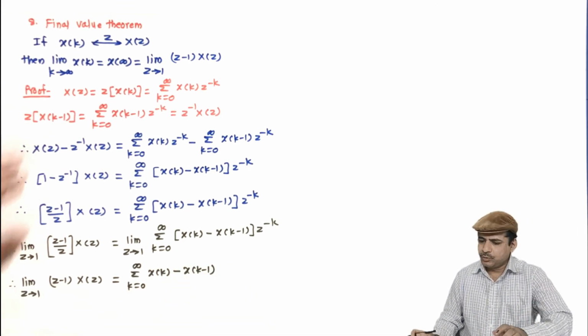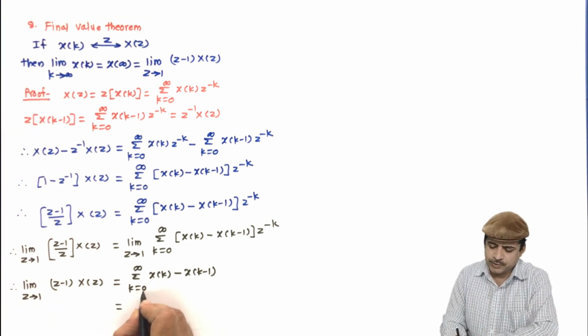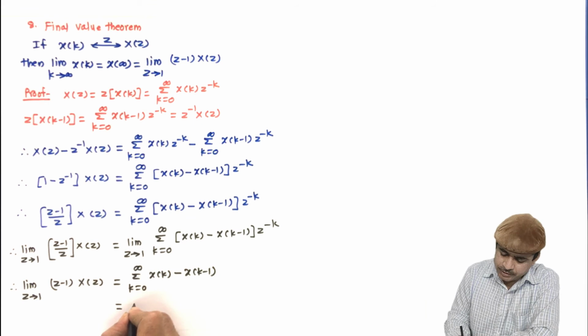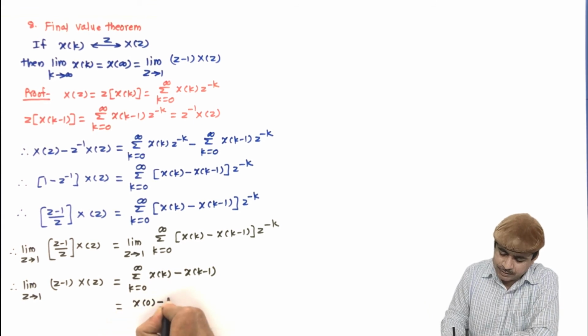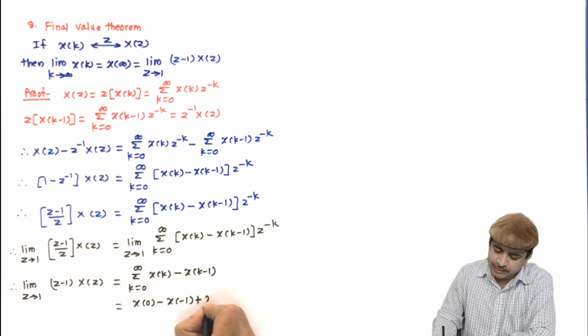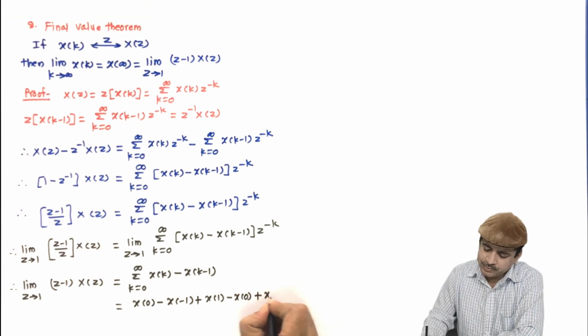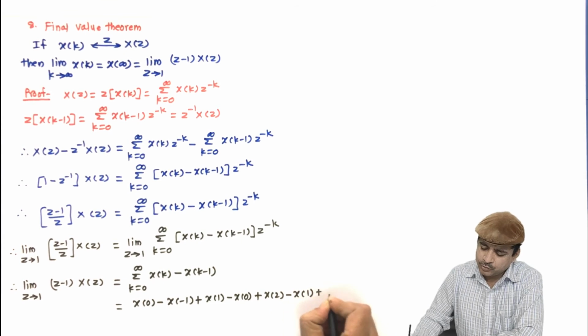And now I will expand this. First put k equal to 0: this is x(0) minus x(minus 1), plus put k equal to 1: this becomes x(1) minus x(0). Then k equal to 2, it becomes x(2) minus x(1), and so on.